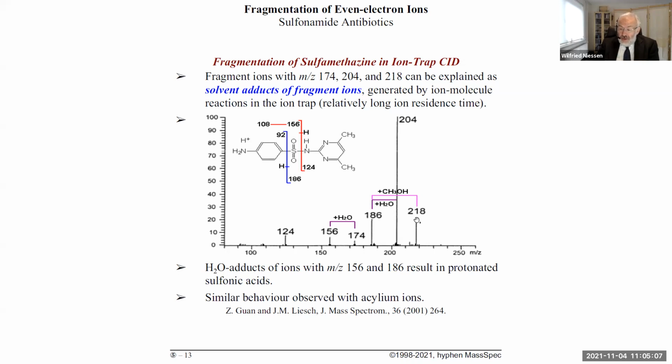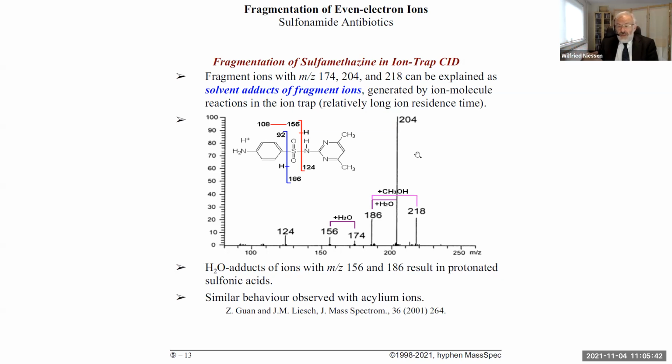Later on, when the ion trap was combined with the Orbitrap, we could actually see that the elemental composition of the 204 is consistent with this explanation. So what we can see in the ion trap, because of the long residence time of the ions compared to the collision cell, are solvent adducts of ions.